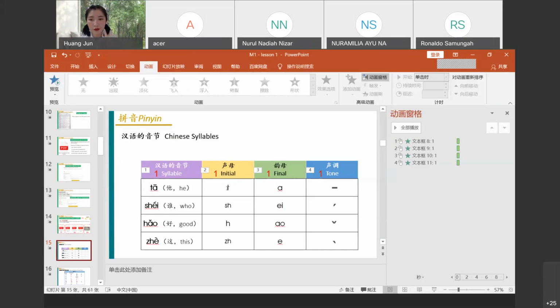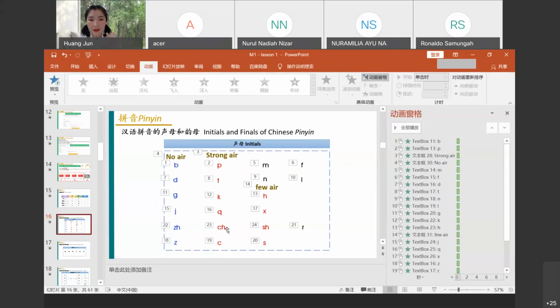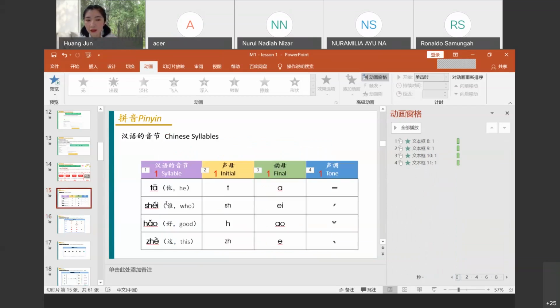We told you there are 3 special cases: ZH, CH, and SH are special initials because they have 2 letters in one group. Other initials are just 1 letter, as you can see on this page. In the syllable, except for the initial, all the letters behind the initial count as 1 final, no matter whether it's 1 letter or more than 1.